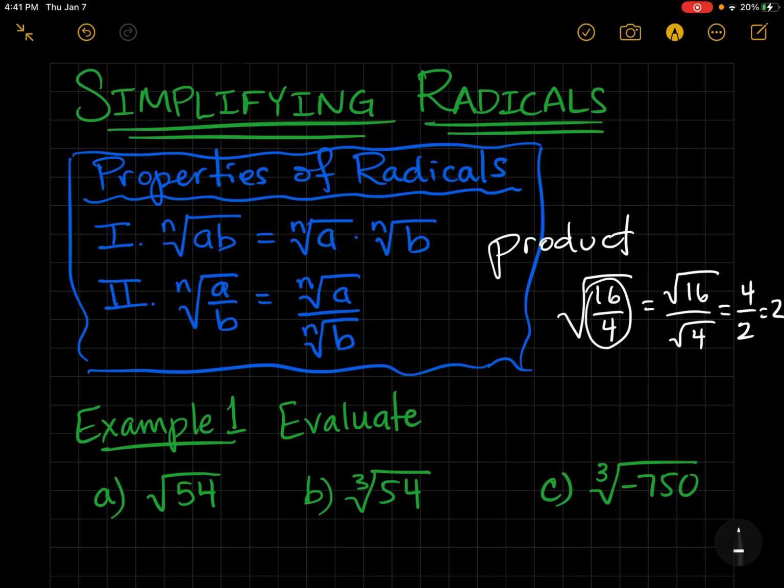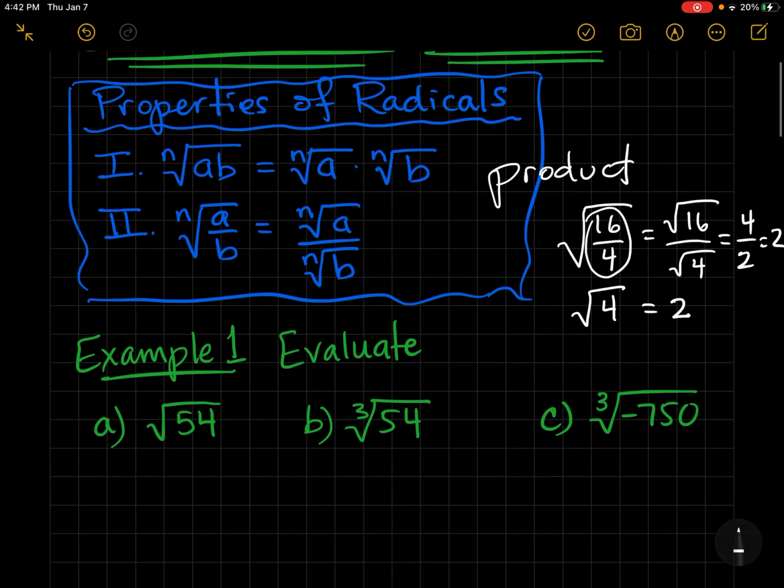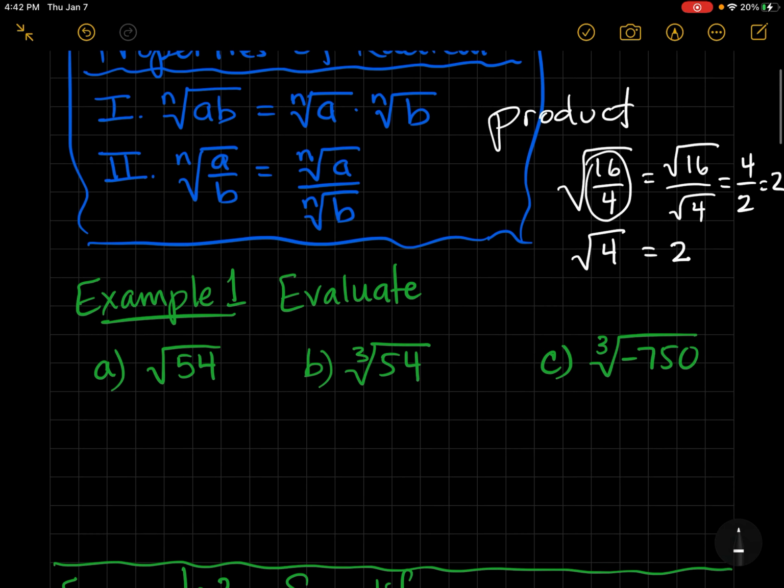Or you could just divide first and do the square root of 4 is 2. And I just want you to know that it's the same whether you separate or whether you do it all together.